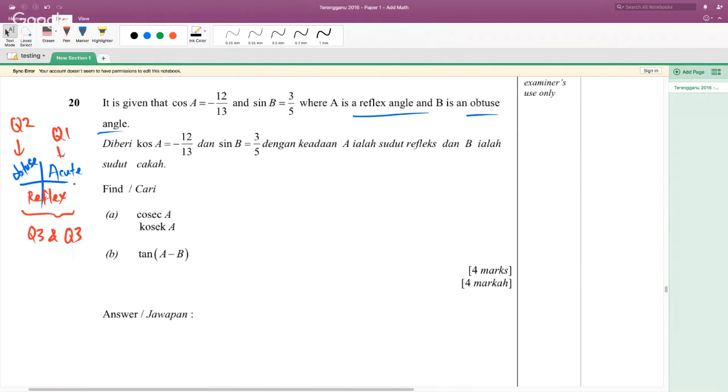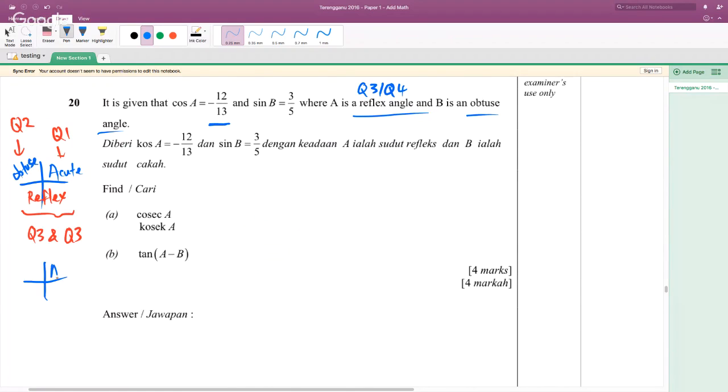So now I'm going to draw the triangle because this is obviously a triangle question. I'm going to draw the triangle based on the quadrant given. So A is a reflex angle. A will be a bit tricky because reflex falls in Q3 and Q4. I want to know which one it is, so I will check the value of cos. Cos over here is negative.